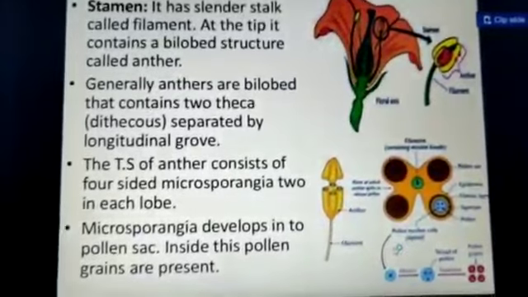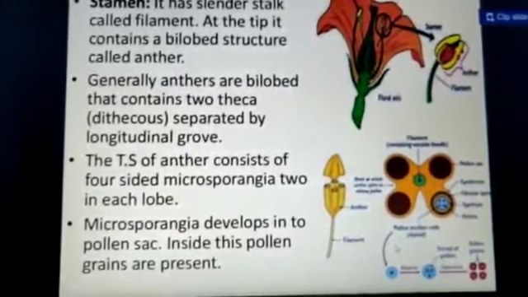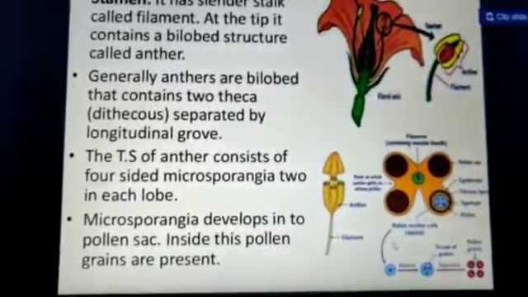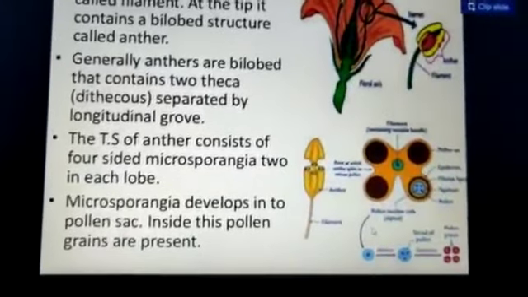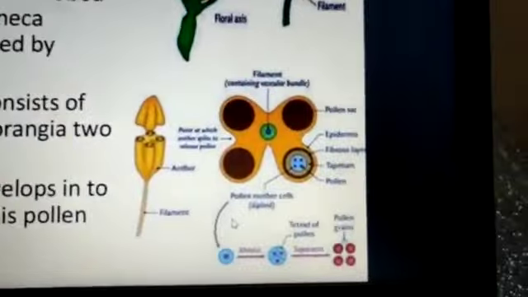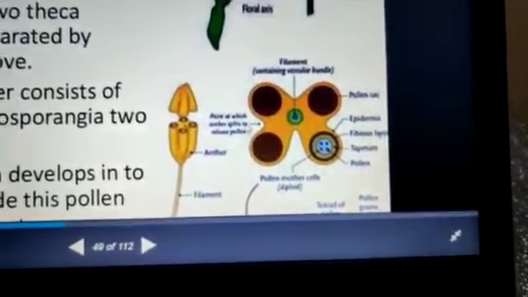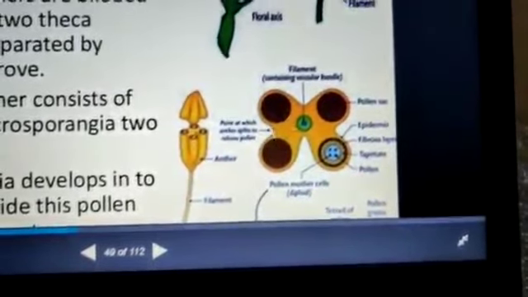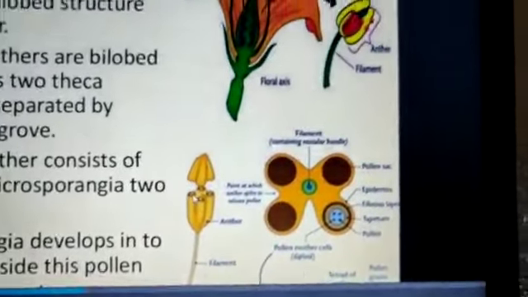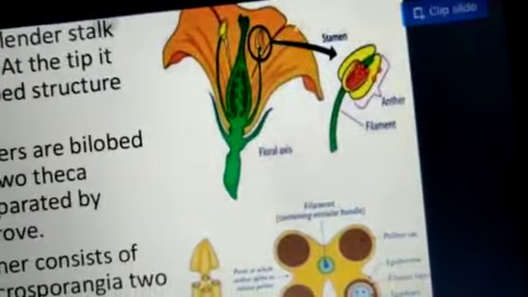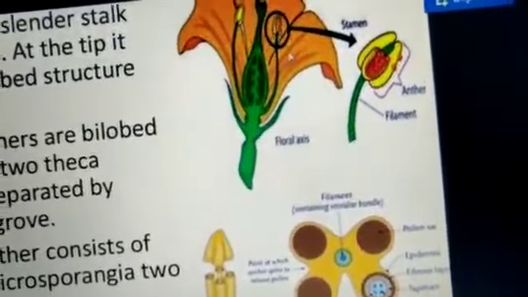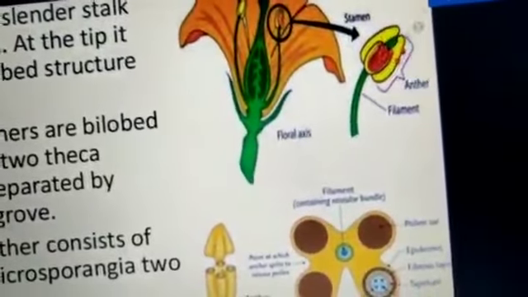The transverse section, TS, of an anther consists of 4-sided microsporangia, 2 to each lobe. You are able to see this structure now. This is the anther and filament.